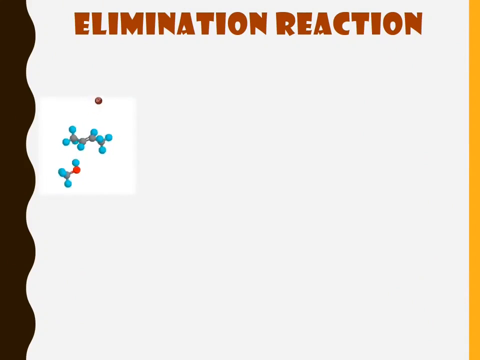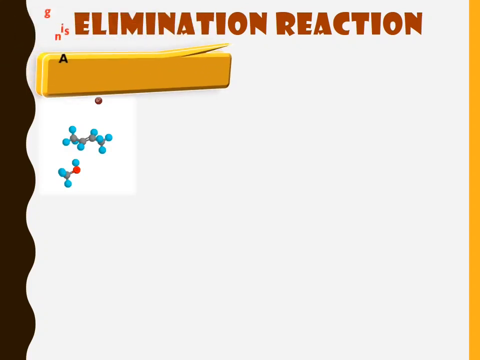Next, elimination reaction. Actually, elimination reaction is the opposite of addition reaction. How? A single reactant splits into two products. Just now, in addition reaction, two molecules combine to form one product, right?